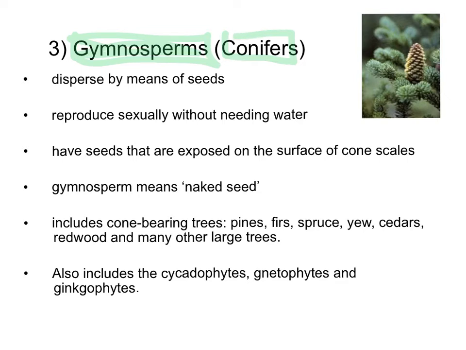In this area of the world, gymnosperms are usually conifers, and they produce cones. So up here on the right, you see a happy little pine tree that has produced a cone. The seeds are actually on the cone itself, so on the scales of the cone. And so some examples of trees you might be familiar with would be pines, firs, spruces, yews, cedars, redwoods, and lots of other large trees.